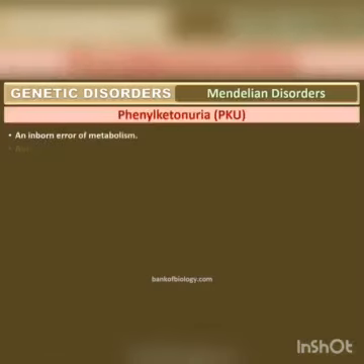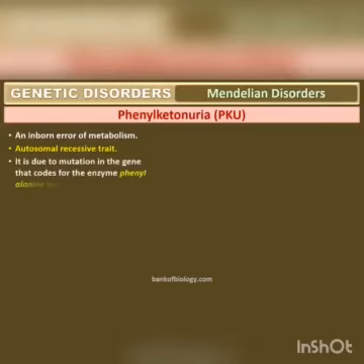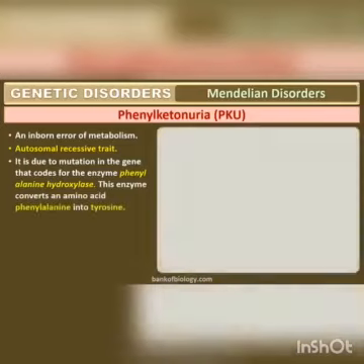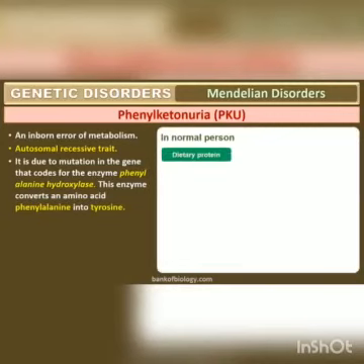Next we see phenylketonuria. It is an inborn error of phenylalanine metabolism caused due to a pair of autosomal recessive genes. It is caused due to mutation in the gene PAH, that is the phenylalanine hydroxylase gene, located on chromosome 12, for the hepatic enzyme phenylalanine hydroxylase.